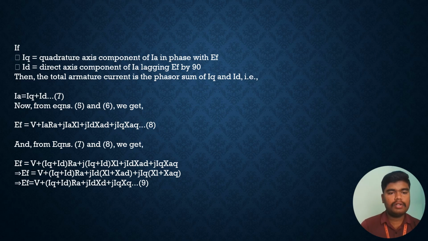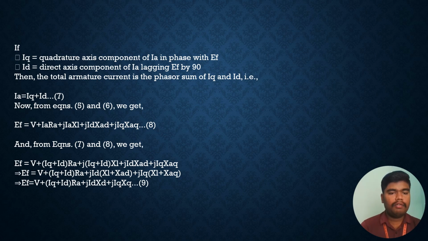If IQ is the quadrature axis component of IA in phase with EF, then ID is the direct axis component of armature current lagging EF by 90 degrees. Then IA is equal to IQ plus ID, the seventh equation.